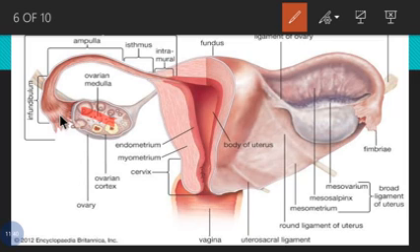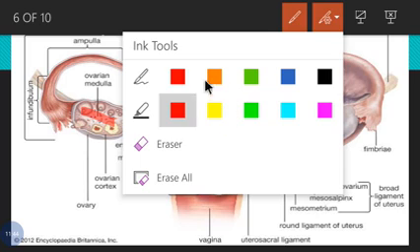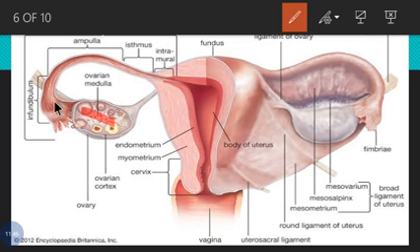And here are the fimbriae, and this is the infundibulum, this one is the ampulla, this one is the isthmus, right? So this important part present in the middle of the reproductive system is called the uterus.